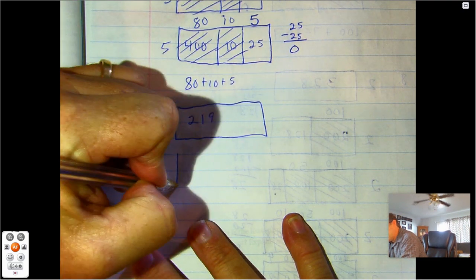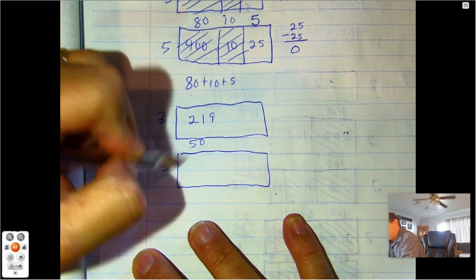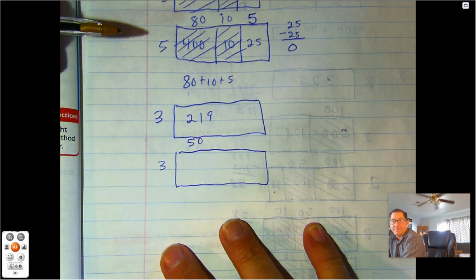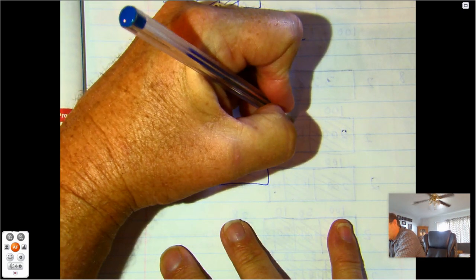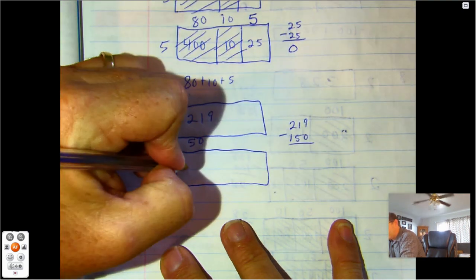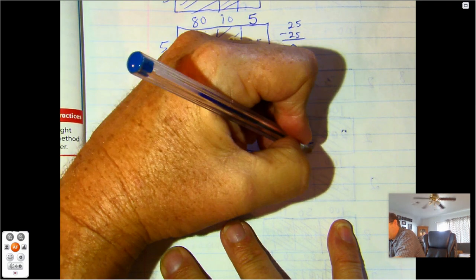I'm going to take away 50 sets of 3. And 50 sets of 3 is 150. So we're going to go 219, take away 150. And that's going to leave me 69.